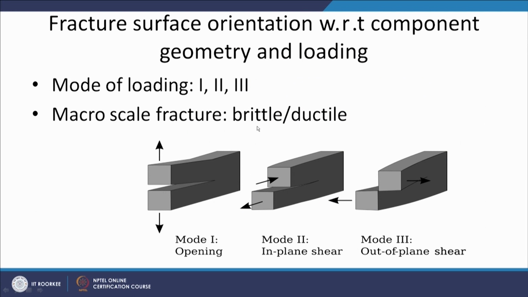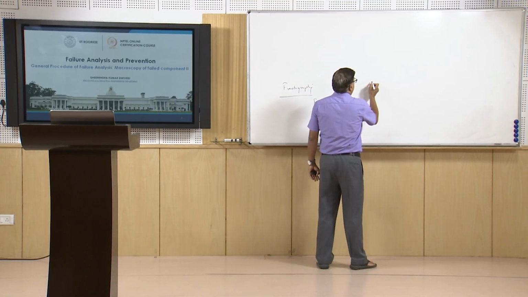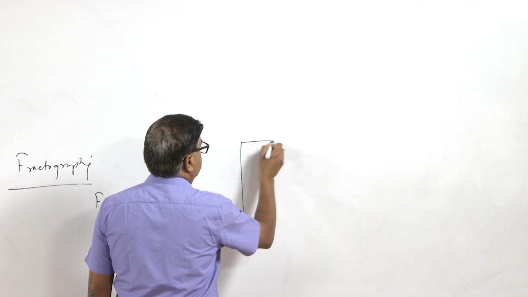Now, another piece of information which can be gathered is from the fracture surface orientation with respect to the geometry of the component and the loading. So, here what we can see is the fracture surface orientation.